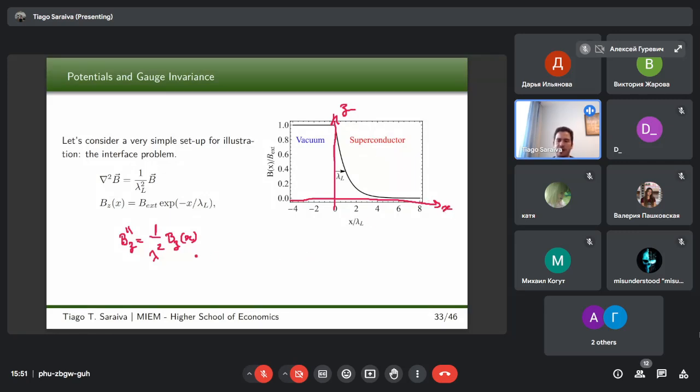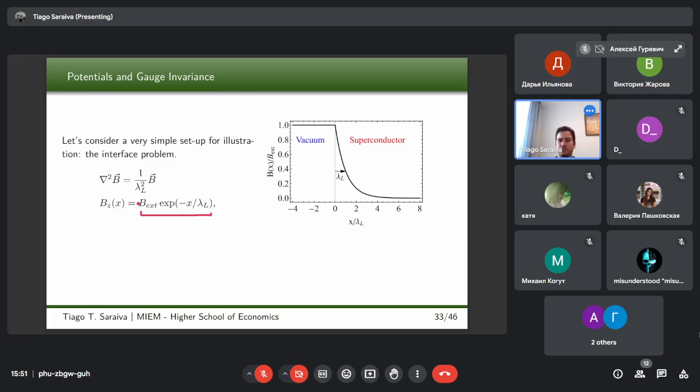So what we have are exponentially decaying solutions. It cannot be exponentially increasing, because when you go too far it will diverge and become infinite, and we don't see an infinite magnetic field. So we cut the positive exponential solution and keep just the solution with the negative exponential.